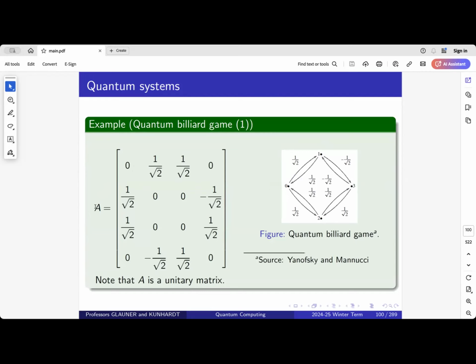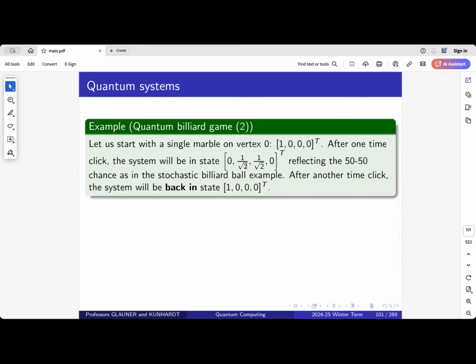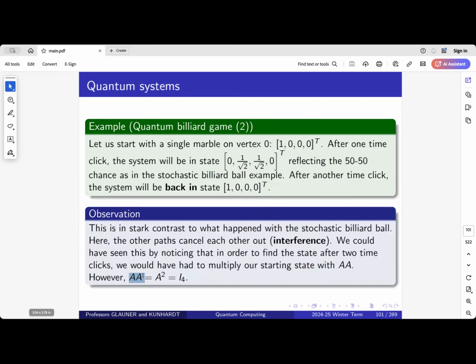So A transpose is the same as A. That's why A times A leads to the identity matrix. You could also just say A dagger times A, but A dagger is the same as A here.